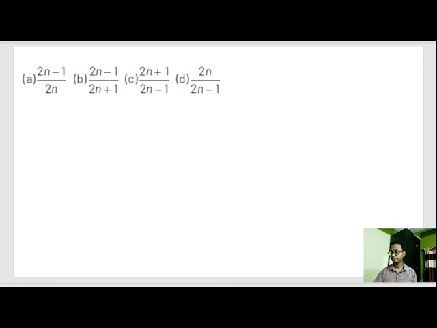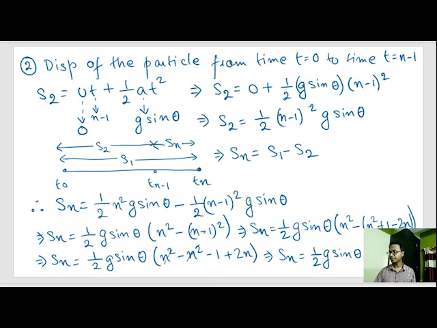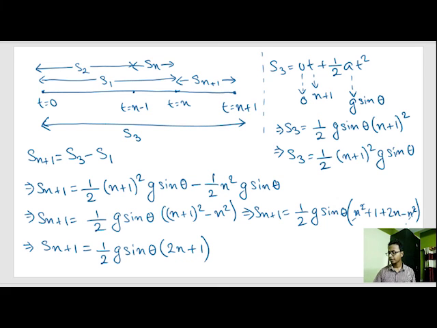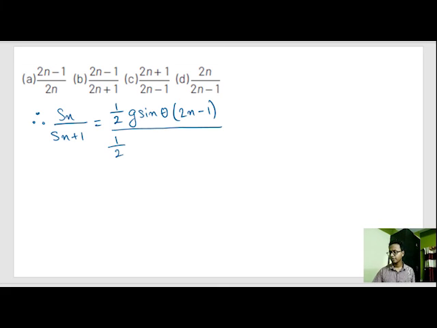So therefore, Sn by Sn plus 1: the value of Sn is half g sin theta into 2n minus 1, and Sn plus 1 is half g sin theta into 2n plus 1.